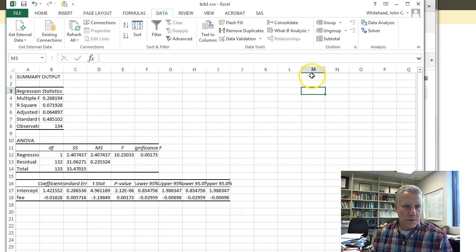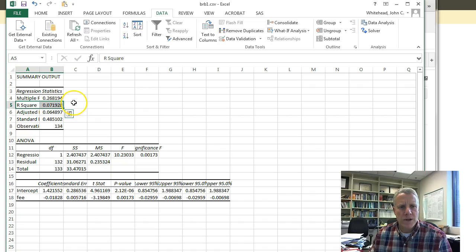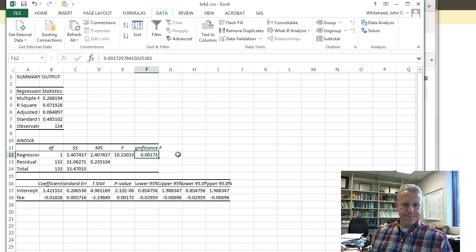And there it is. So the model tells me that about 7% of the variation is explained by the independent variable. My R squared is 0.07. My regression F test is 10.23. My significance level here, 0.00173, tells me that there is a 99% chance that my model is statistically significant.